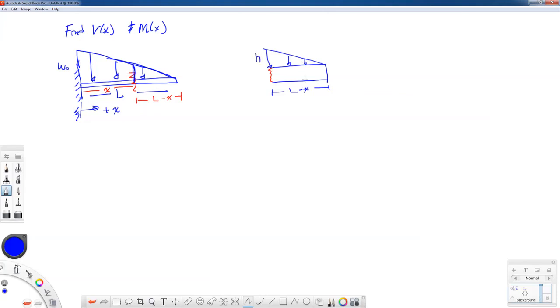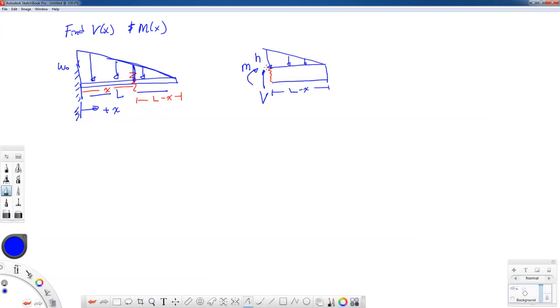I don't know what it is right now, but we'll find it out. I'm going to call that height H for right now. Now, on this cut goes my shear force and bending moment in their positive directions. I'll just call that M and V. And notice positive bending moment puts the top in compression, and the shear force, when I'm looking on the left side of my picture, goes up to be positive.